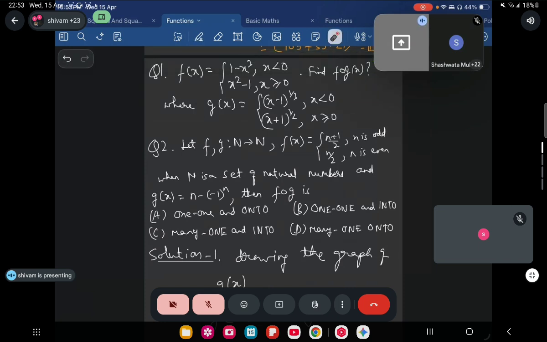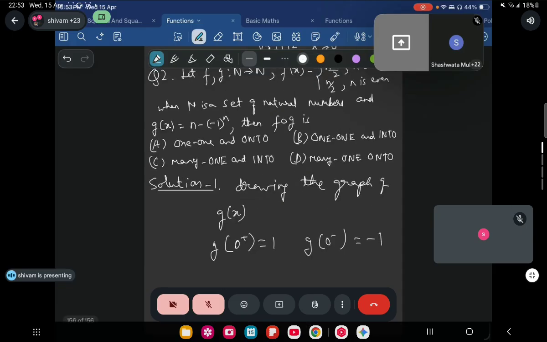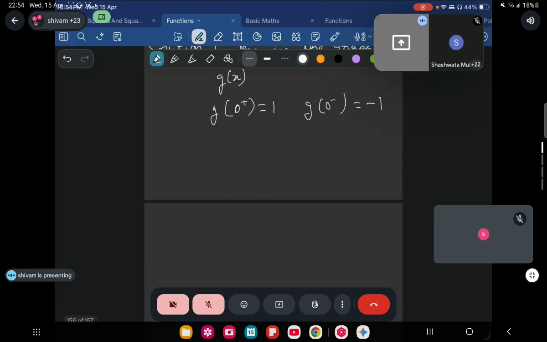Now you see, over here, g of x is equal to x minus 1 whole to the power 1 by 3. Okay. So we need to understand whether the graph is concave up or concave down. So for that we need to differentiate once.